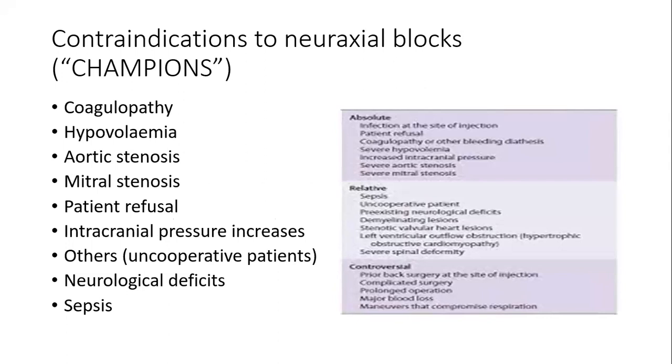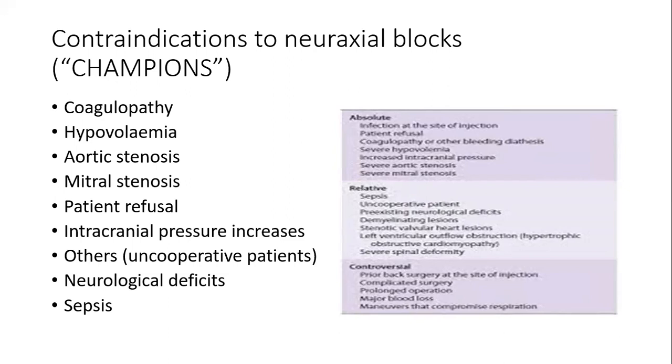Mary Kay, read this. What are the contraindications to the neuraxial block? Okay, so the mnemonic is CHAMPIONS: coagulopathy, hypovolemia, aortic stenosis and mitral stenosis, patient refusal, intracranial pressure increased, and then others like an uncooperative patient, neurological deficits, and sepsis. Now, what are the absolute contraindications?